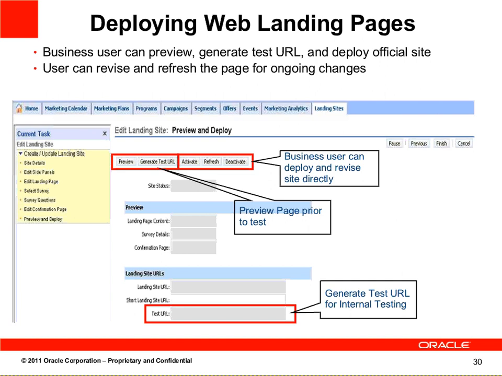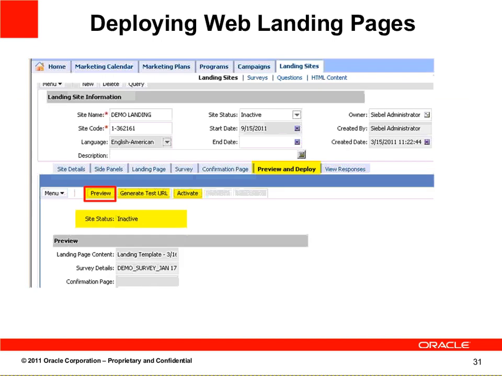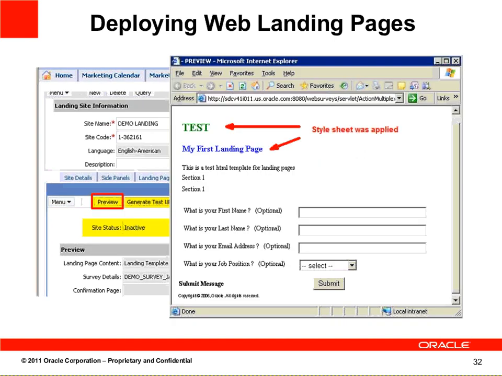So let's start by reviewing the preview button. Initially, as you can see, the site status is inactive, and it will remain inactive until we activate it. So once you click on preview button, you will see the actual landing page, just a preview of the landing page.